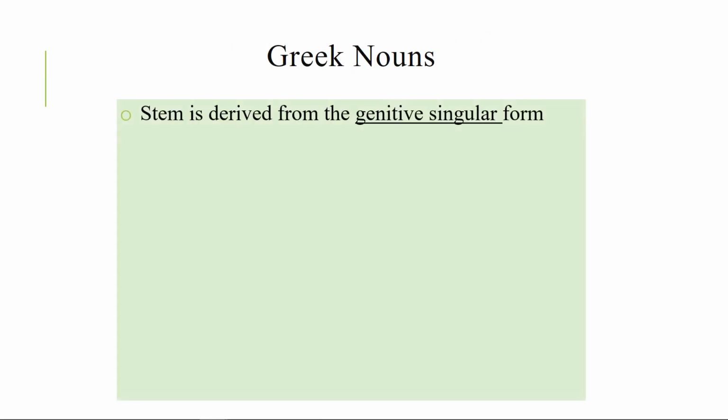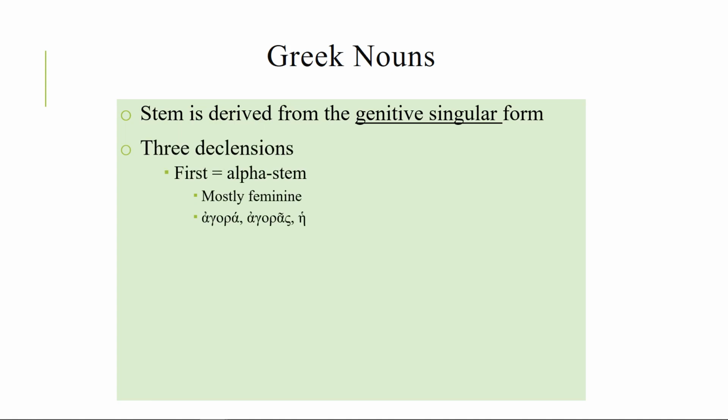Now, that all said, remember that stems in nouns derive from the genitive singular. Frankly, in the first and second declensions, this doesn't matter as much. But in the third declension, this is going to matter an awful lot. So in the first declension, the nouns have what's called an alpha stem. And most of the time, the endings look just like the article, or they have the alpha instead of the eta.